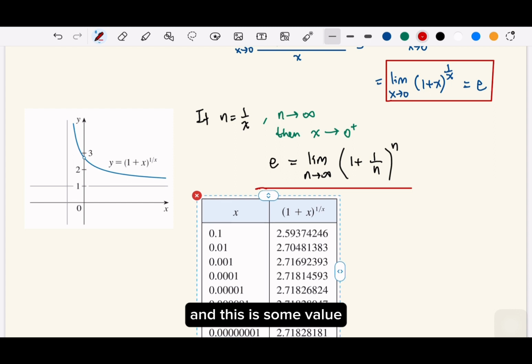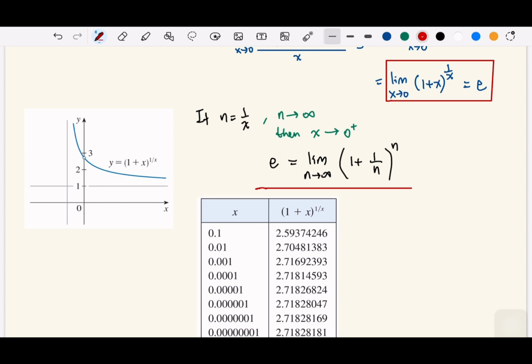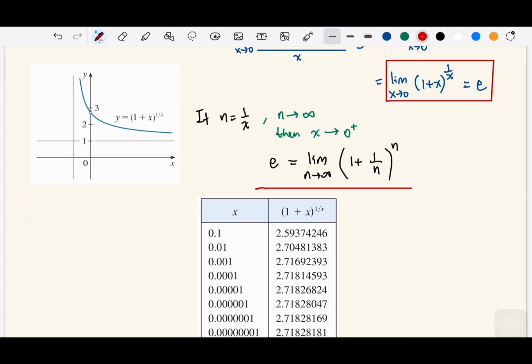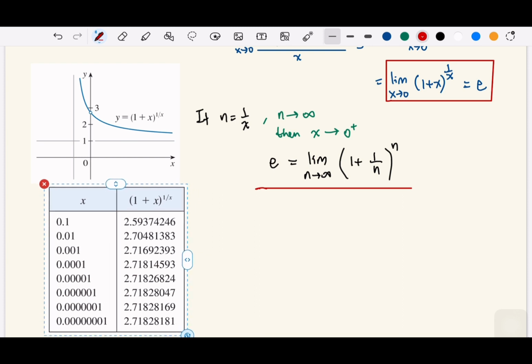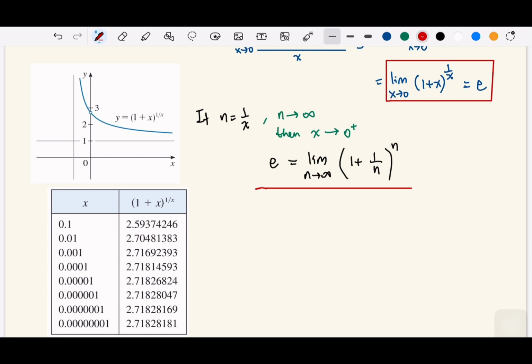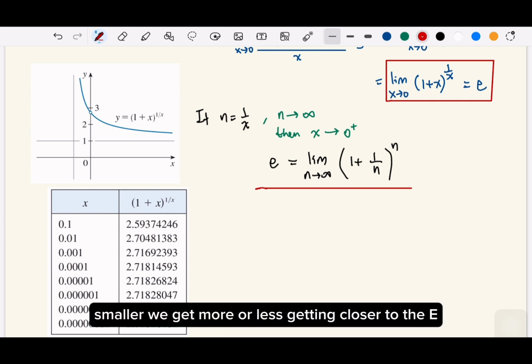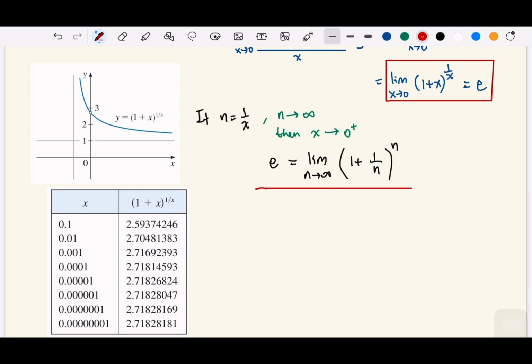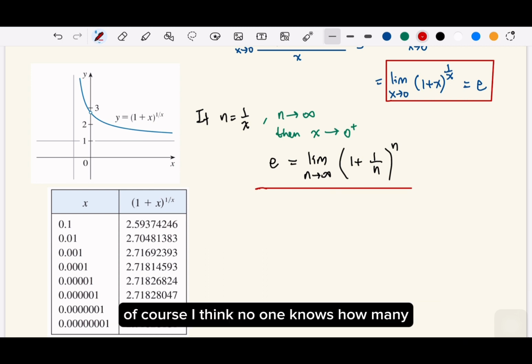And this is some value. So the more we make it smaller, getting closer to 0, the more we get closer to the e. Of course, I think no one knows how many decimals e has.